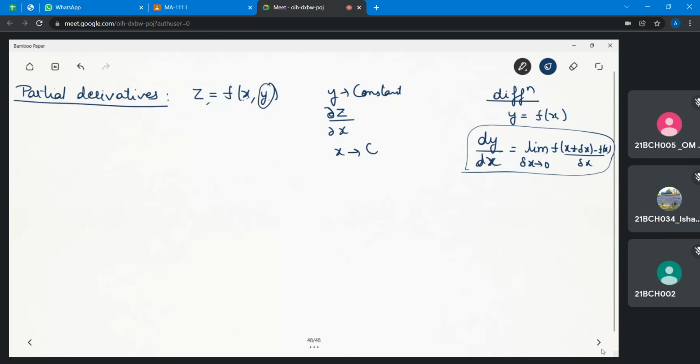Similarly, अगर आप x constant ले रहे हो, इस function में x constant ले रहे हो, means x is equals to x naught choose कर रहे हो, and then if you are calculating the derivative of this z with respect to y, so this is called the partial derivative of z with respect to y. Or it is sometimes written as del f over del x also, means this function का with respect to x कर लो. या sometimes it is written as del f over del y. Okay, so this is how we represent the partial derivatives.